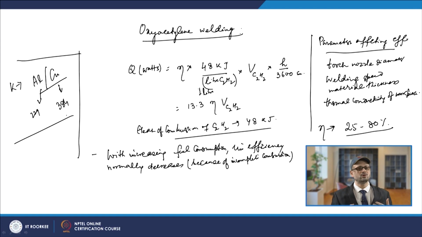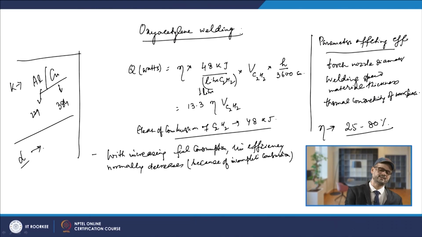Another property which comes into the picture many a times is the thermal diffusivity alpha, that is K by rho Cp, so it depends upon K as well as Cp. Apart from that, the most important thing is the melting point. When we have a higher melting point material, you have to choose the process selectively.